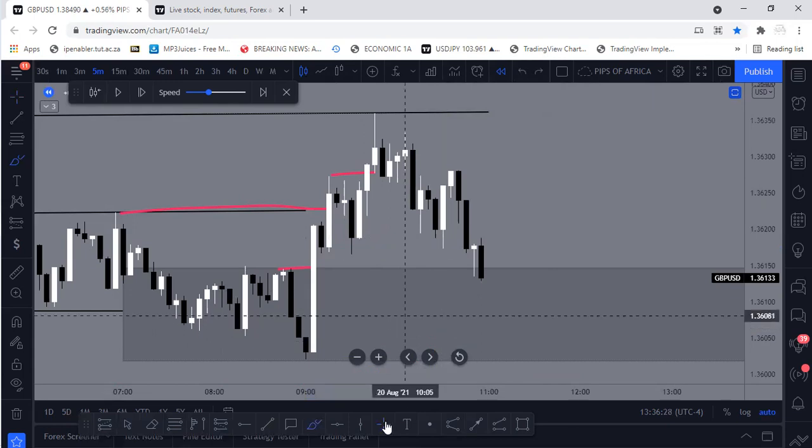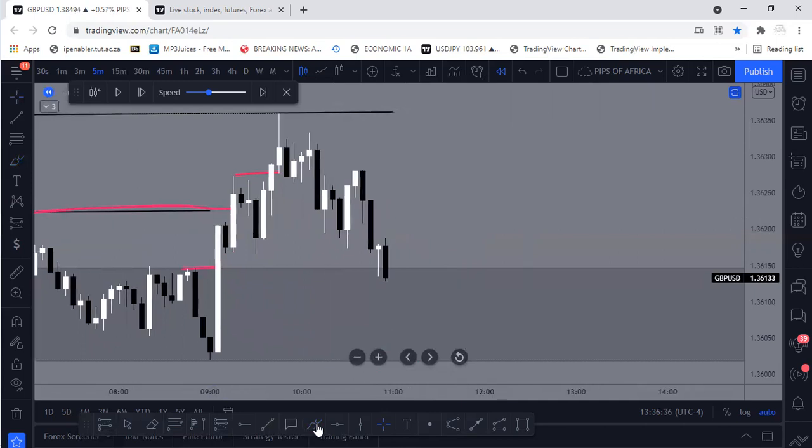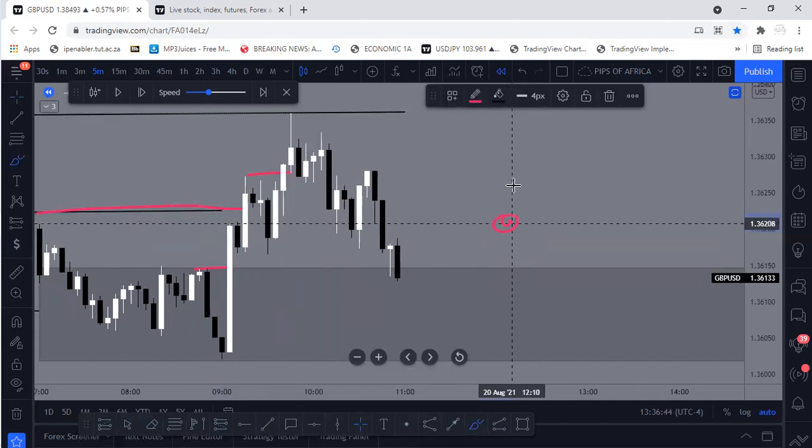Now I'm trying to show you how to take this trade. Remember what I said to you: the price has to start by creating an order block and then shoot to the upside. But it must not come back like this.